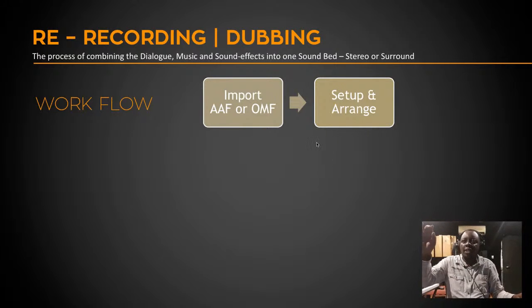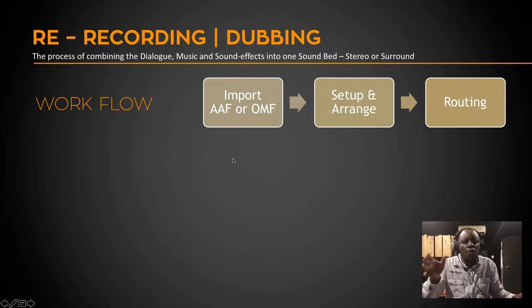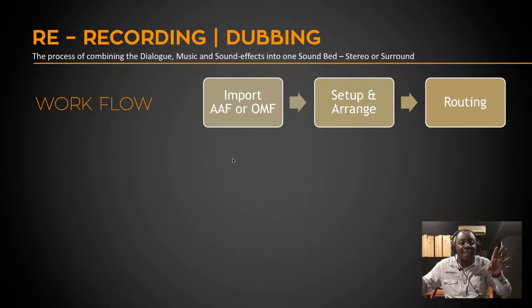So we import the AAF, we set up and arrange our session. We then do what we call routing. Routing is making sure that the dialogue people are routed, because there are many actors. You can have about 16 tracks. I'll show you what I'm talking about. You can have 16 actors, and you cannot have all 16 actors independent.